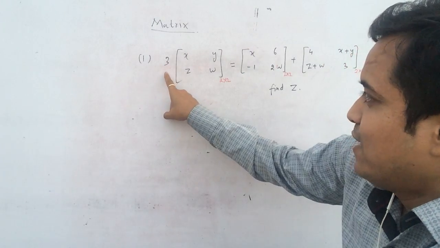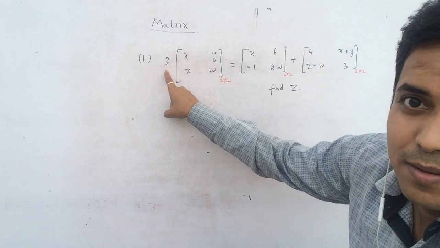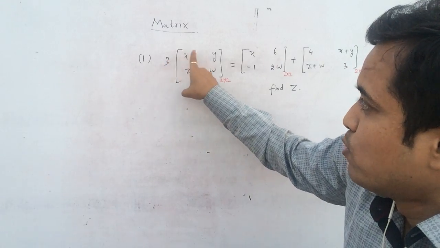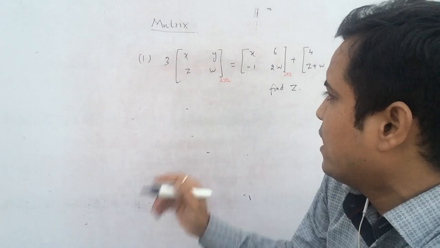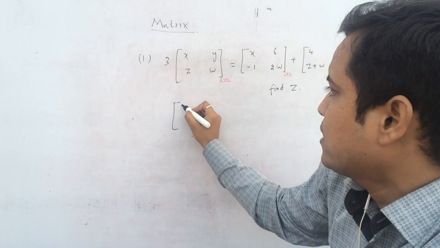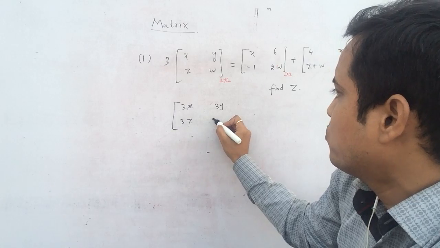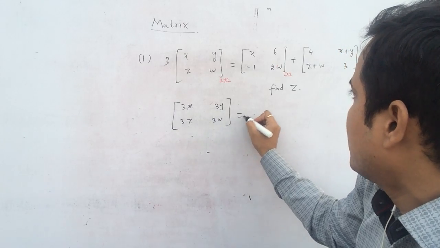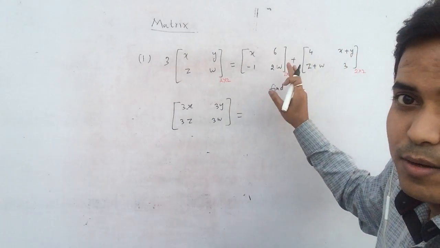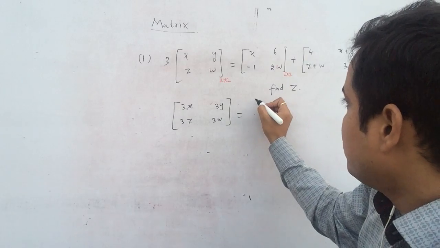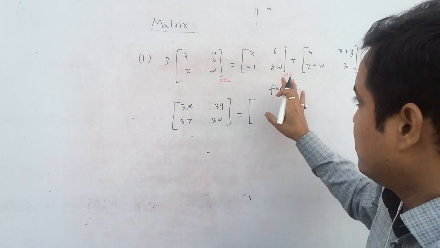As I explained in matrix scalar multiplication, 3 will go inside and multiply with each and every element: 3x, 3y, 3z and 3w. Now add. In matrix addition, the order should be the same.